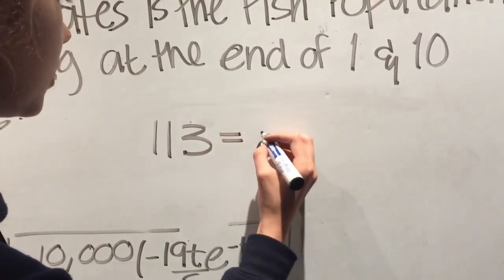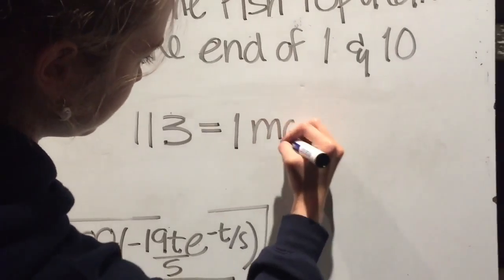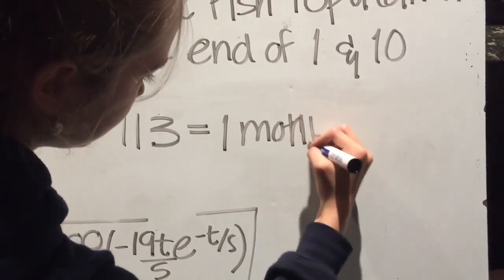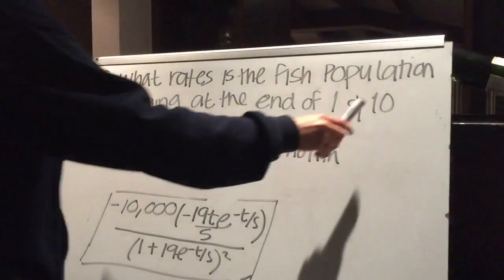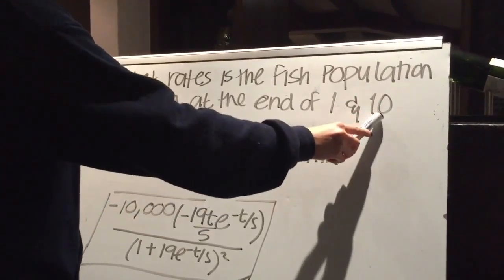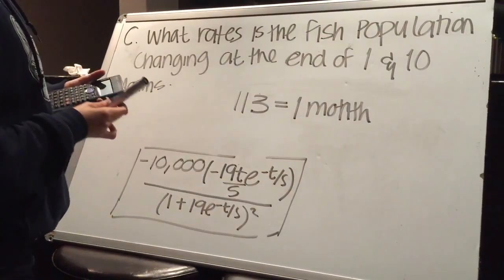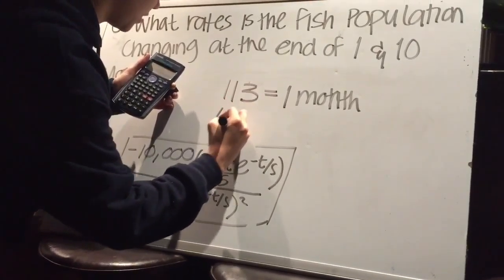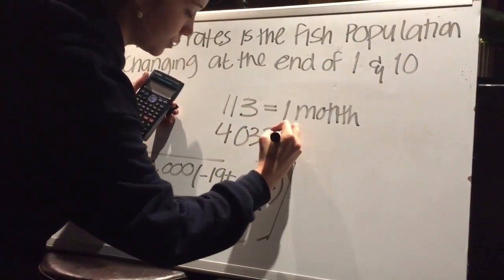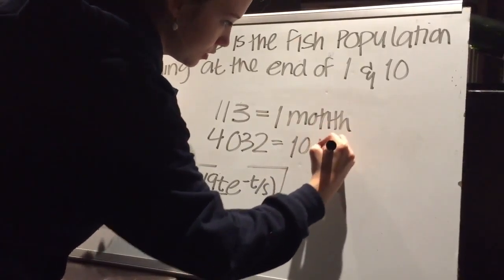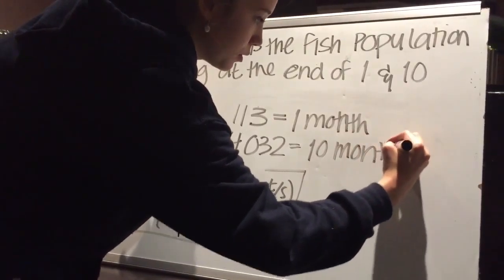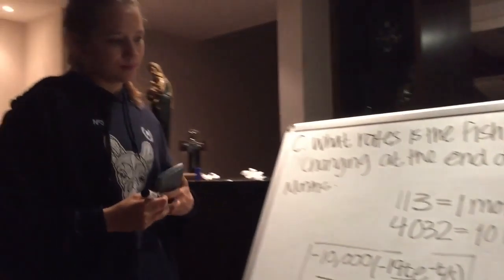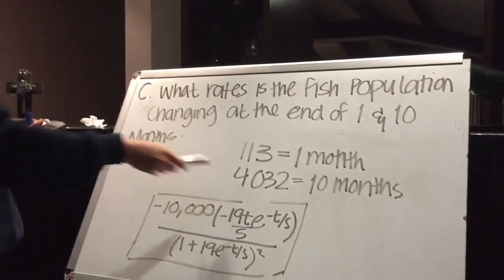That is for 1 month. When we substitute our second value, that is 10 months, into our equation, we will get 4,032, that is for 10 months. Having our two final answers.